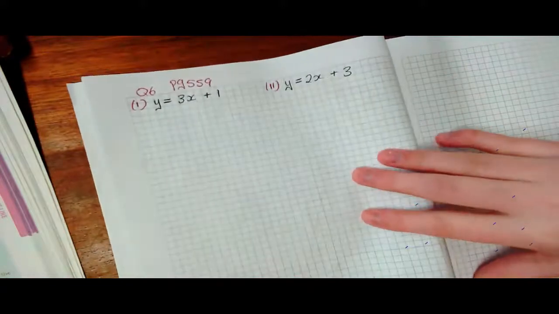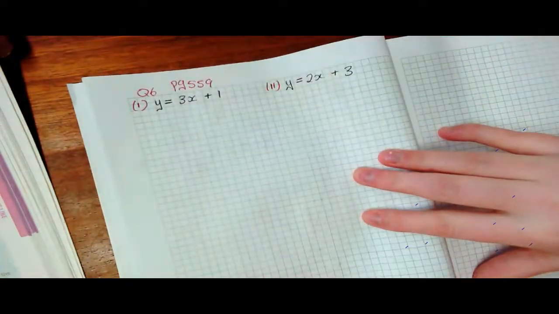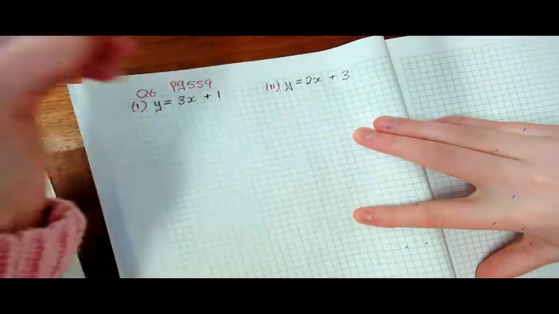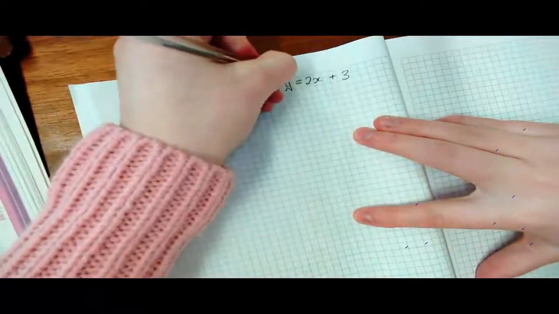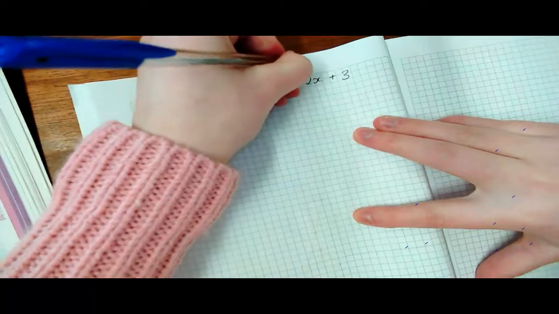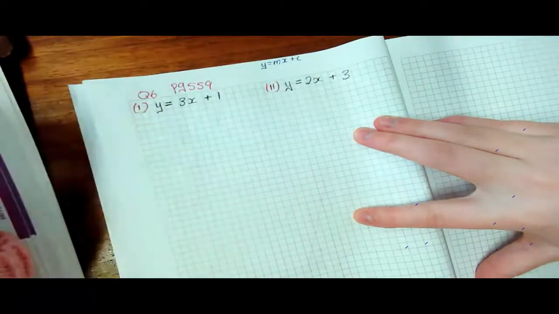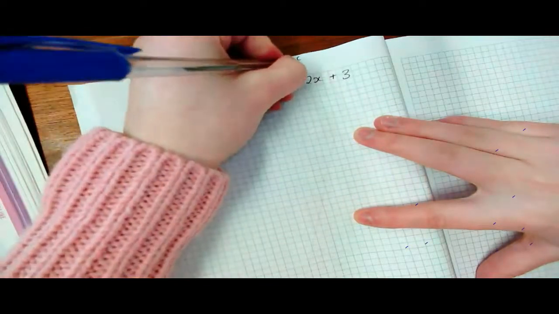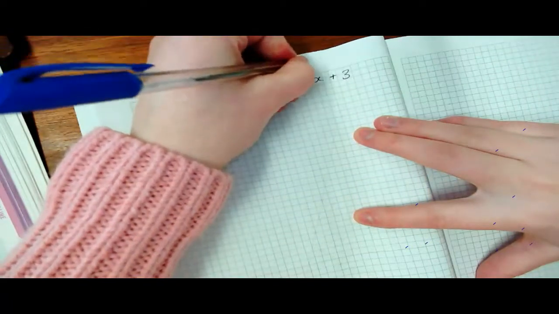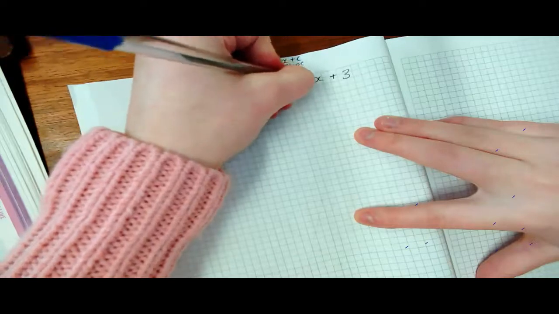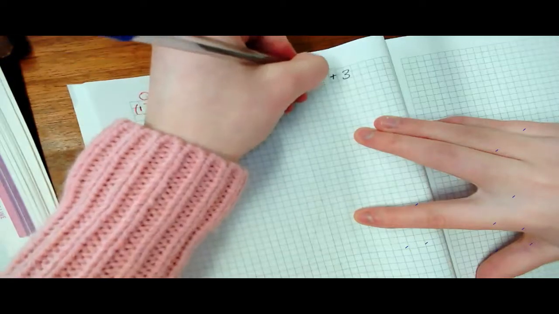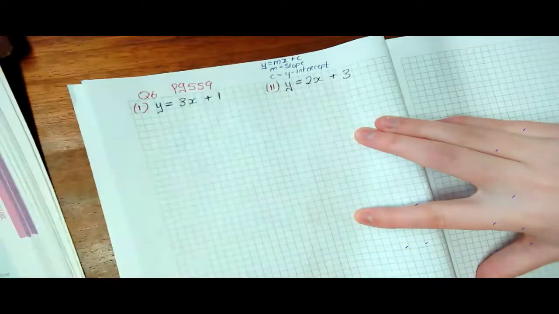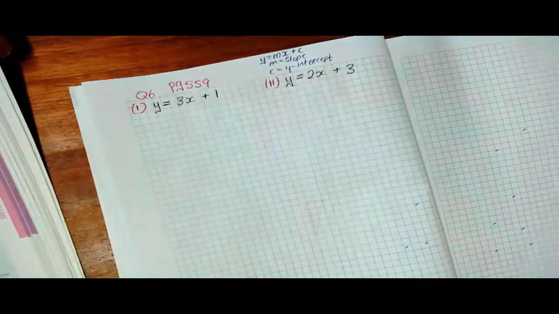So again, we know we can write the line as y is equal to mx plus c, which is exactly what we have written there, and we know that m is equal to slope, and we know that c is equal to y-intercept. Okay, so hopefully you can see that.